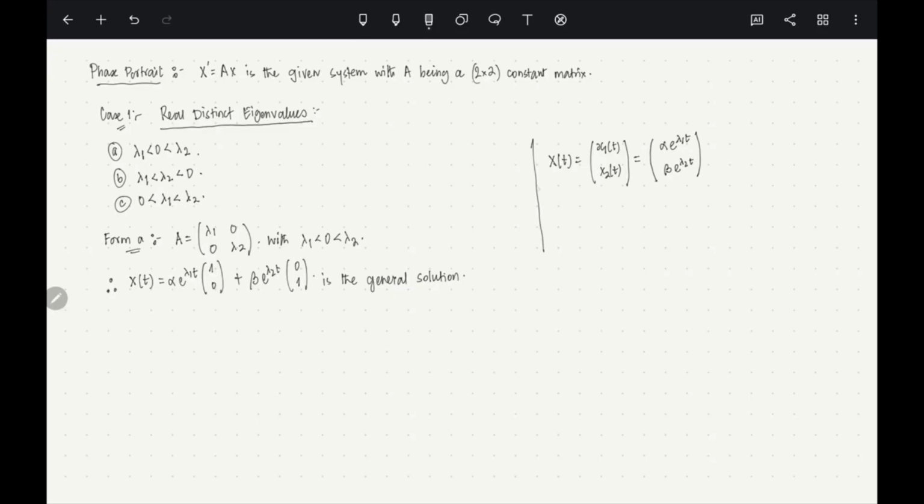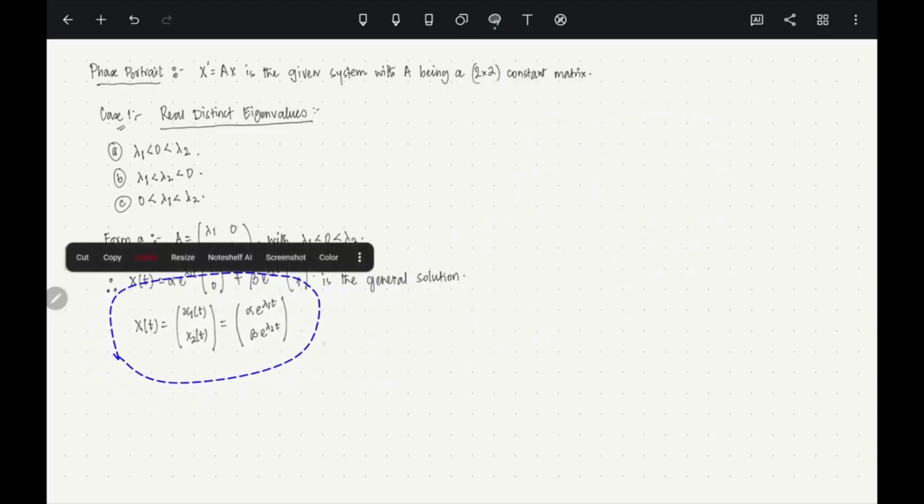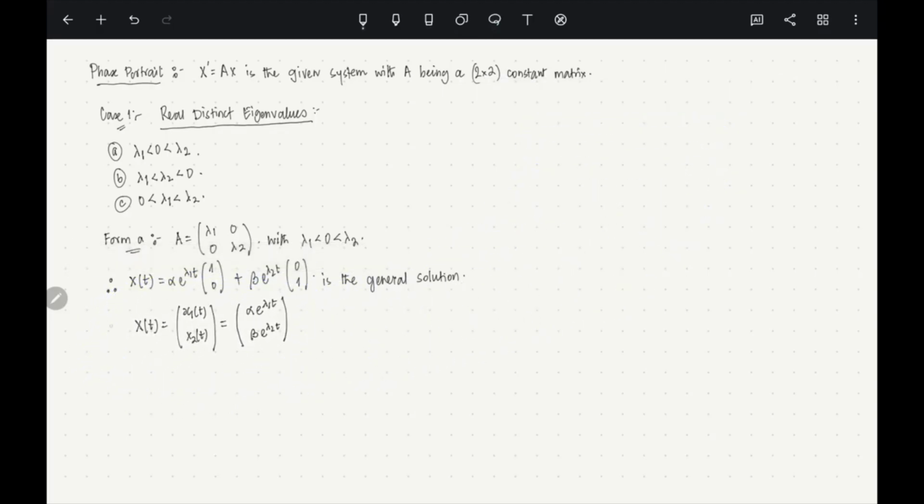That's the whole idea of it. Hence x of t is this for alpha, beta in R, for arbitrary alpha and beta.